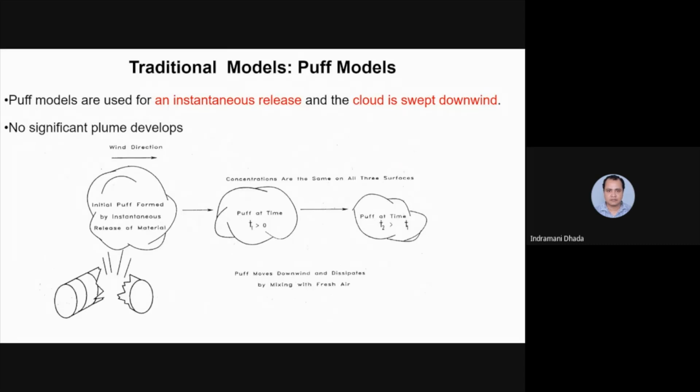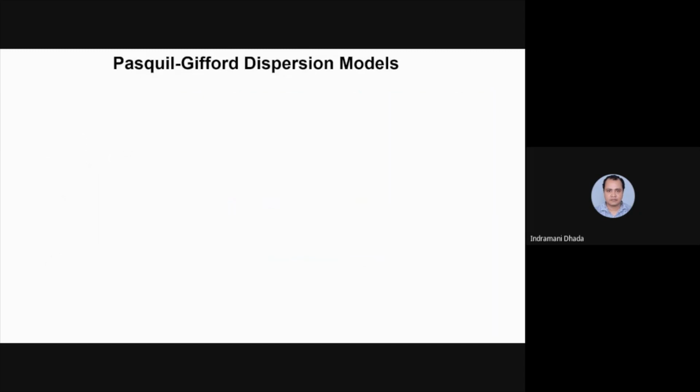Suppose there is a puff, like a cigarette puff, you can see a sudden pollutant release and it stops. Whatever pollutants or gas are released will try to disperse in the atmosphere over a certain distance or time. That is the puff kind of thing. It is not continuously releasing, it is releasing at certain intervals.